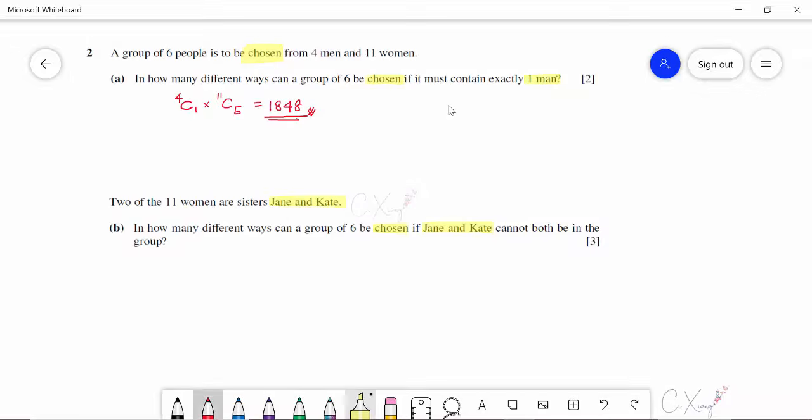Okay, so to make the calculation much easier, we can consider the case where both of them are in the group first. Sorry, Jane and Kate both in the group.